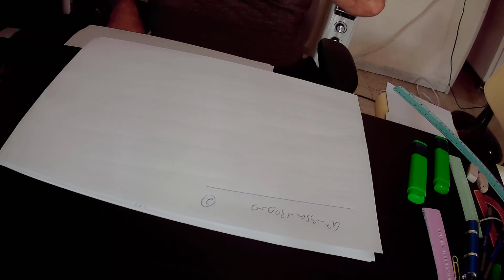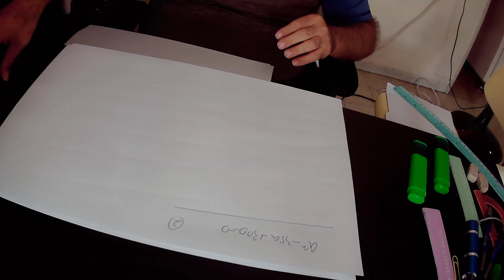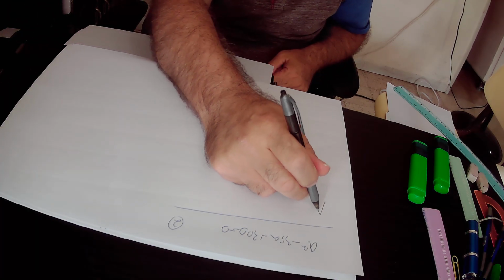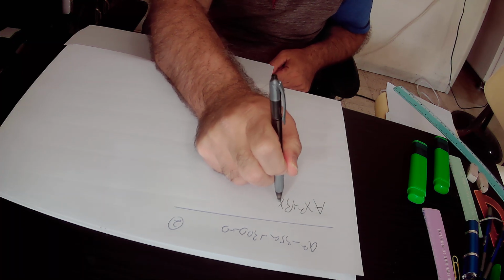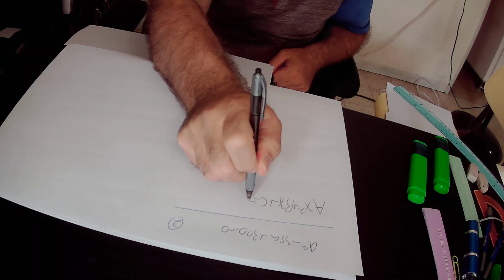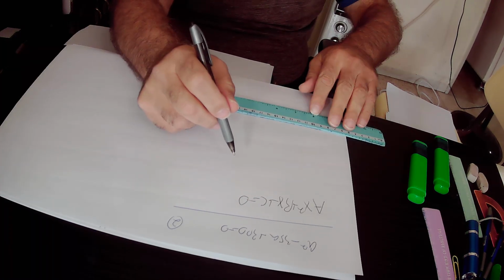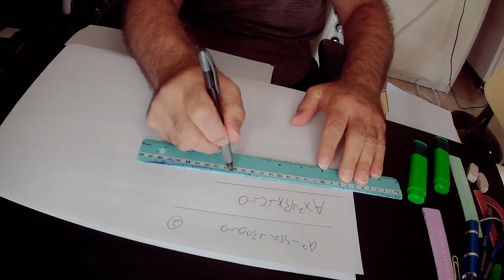So this is a quadratic equation. The general form of a quadratic equation is ax squared plus bx plus c equals 0. In this general form, a, b, and c are the coefficients of the quadratic equation, and x is the variable that we are looking for.